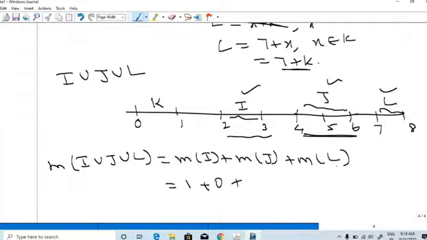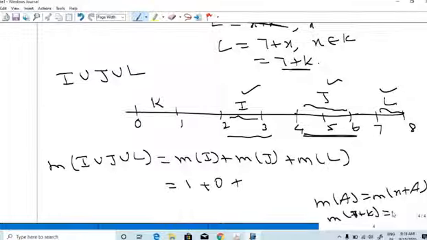We know that there is a theorem: the measure of A is the same as the measure of x plus A. If you add any element x, the measure of A is the same as the measure of x plus A. Therefore, the measure of L, which is 7 plus K, is the same as the measure of K. We know that the measure of the Cantor set is 0.